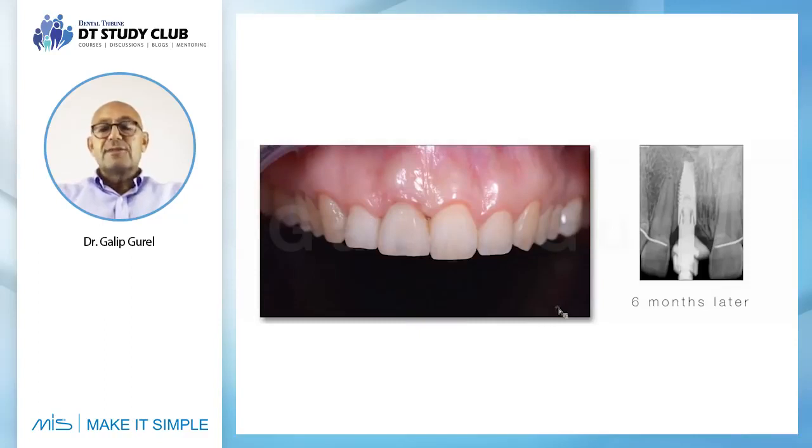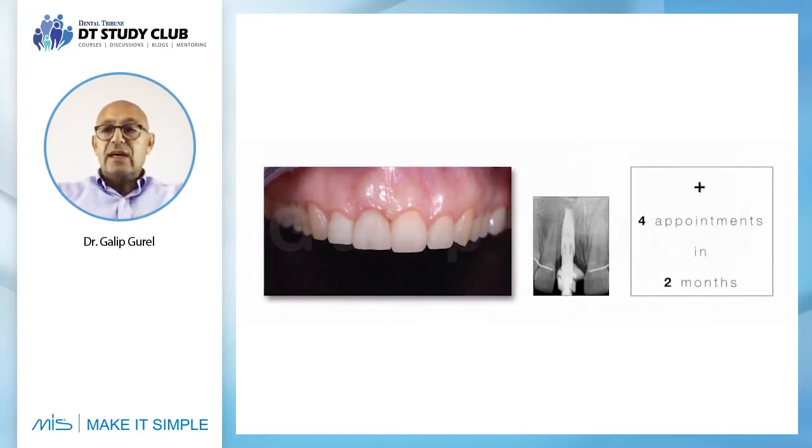And this is 6 months later. And now we start molding the tissue. How do we do this? By adding some composite between the provisional and the implant head, and we try to morph this out.